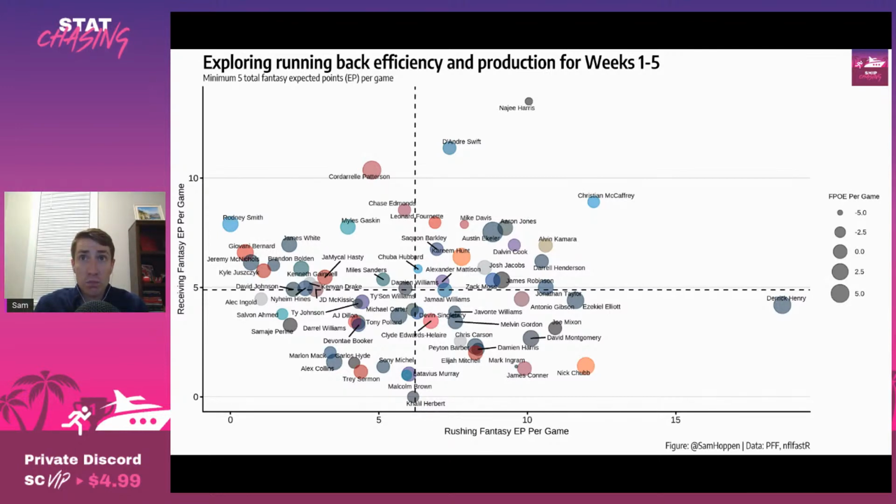He got 3 targets, but Herbert, if you're doing the math, outcarried him 18-16. And I shared this yesterday, but here is the split of carries by each half. In the first half, Damien had 11 carries to 7 for Herbert. And then in the second half, Damien only had 5 to 11 for Herbert.